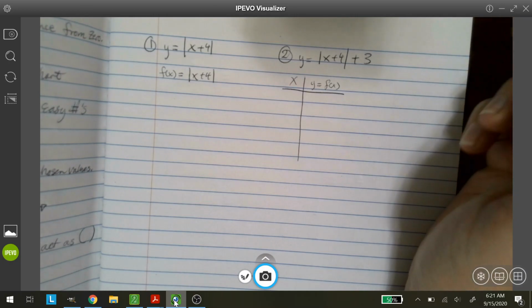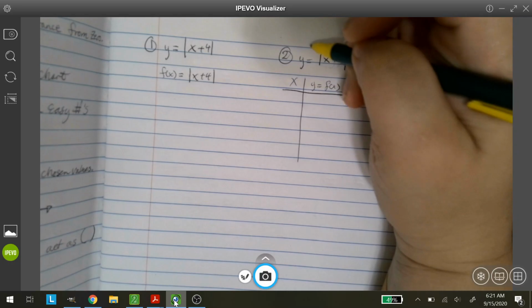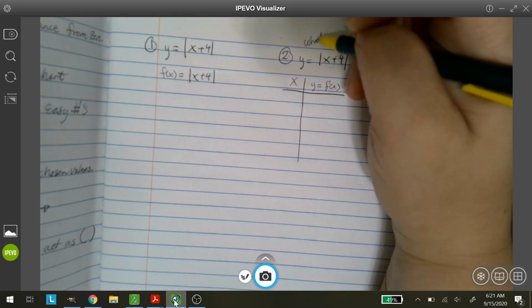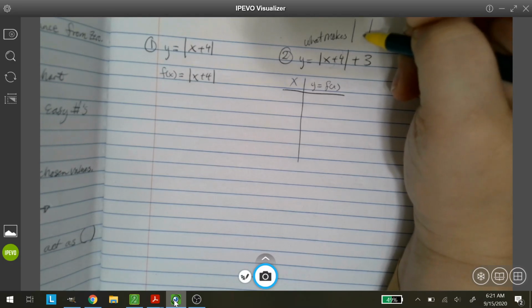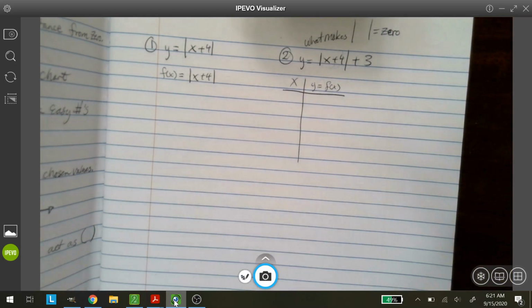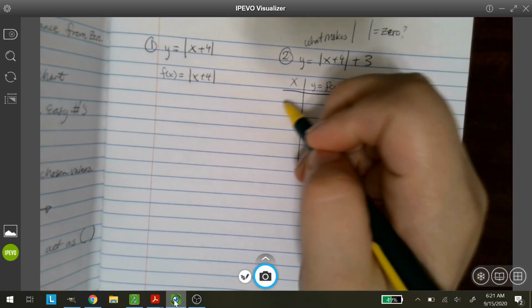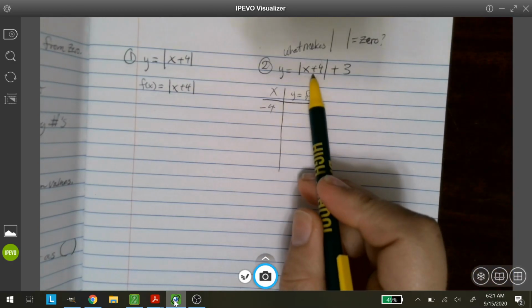I'm going to start with what would make inside 0. So I'm asking myself, what makes this part 0? And my answer is -4. So I'm going to take -4 and plug it into that.